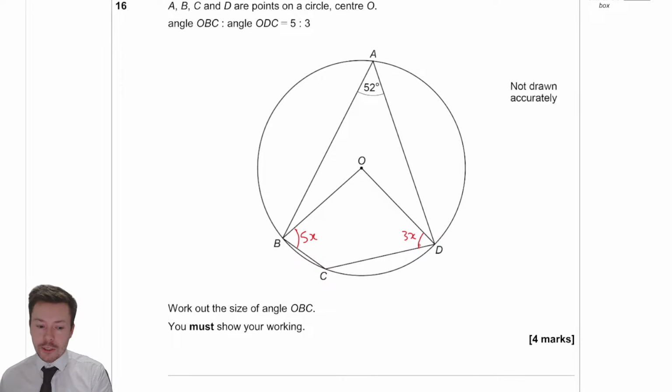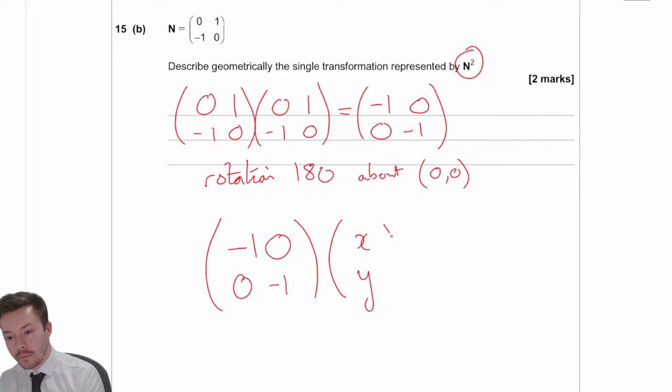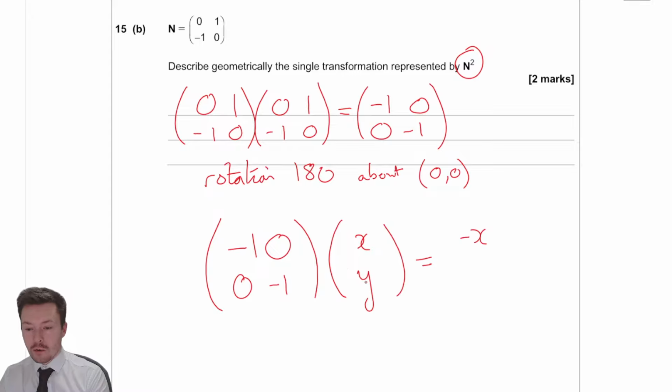How did you work out the rotation is 180 degrees? So that's one of those matrix transformations that you should know and should learn. So like I say, put it on a flashcard. The other way you could do it, so if I wanted to check this, and again, I said it was either rotation 180 degrees or scale factor -1. If we did it multiplied by x and y, we get -1 times x is -x, and then 0y.